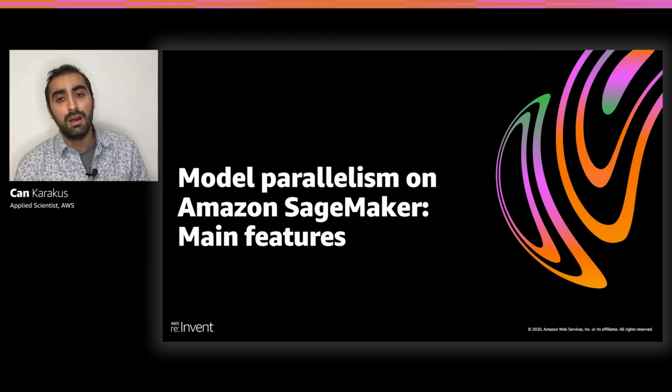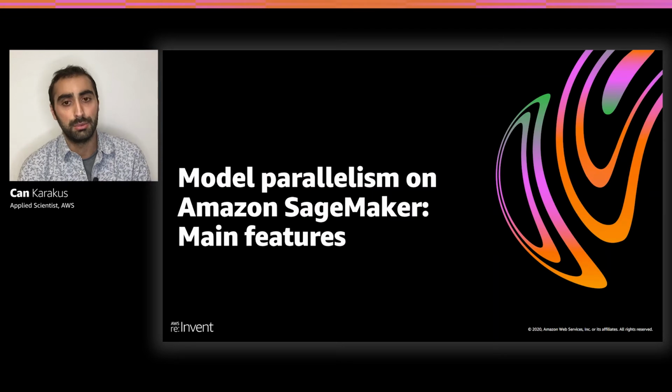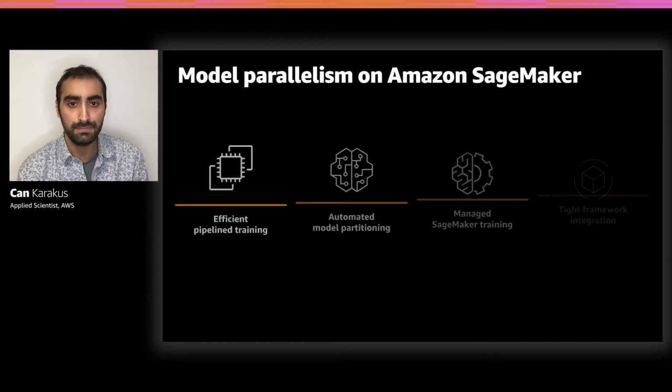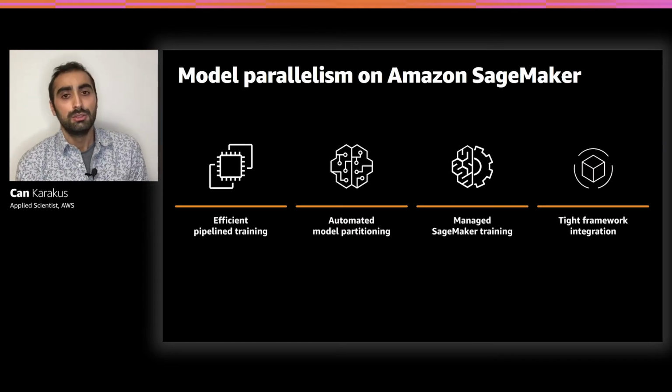So now let's move on to the newly launched model parallel library on SageMaker and discuss some of its main features. The SageMaker model parallel library features an efficient pipeline training mechanism.